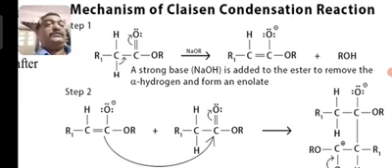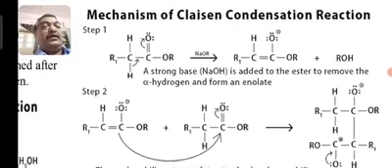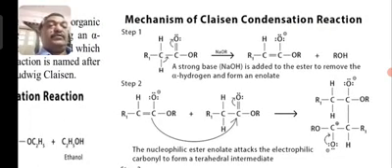And there is a formation of alcohol. So you will get RCH double bond CO minus and OR. That is, an anion of this kind is going to form. Here the strong base is added to the ester to remove alpha hydrogen from the aldehydic group to form an enolate anion. This enolate anion, in the second step, reacts with another molecule of the RCH2COOR ester.